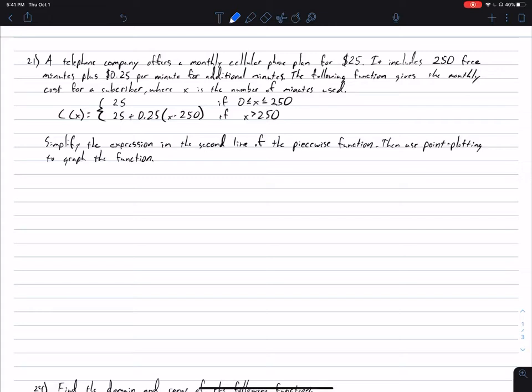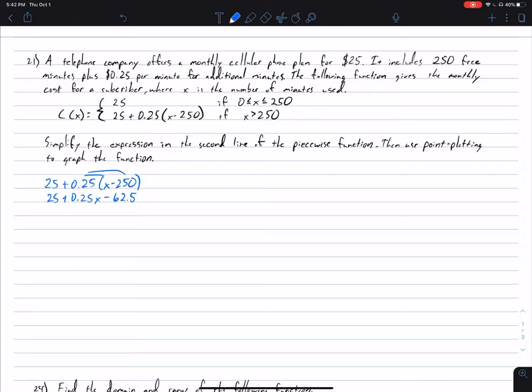All right, so let's start with that. We're going to take 25 plus 0.25 times x minus 250, and we want to simplify this. So I'm going to distribute that. I get 0.25x minus 250 times 0.25, so 1/4 of that. That's going to be 62.5. So I'm going to subtract 62.5.